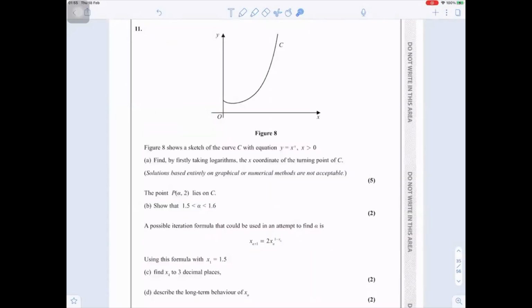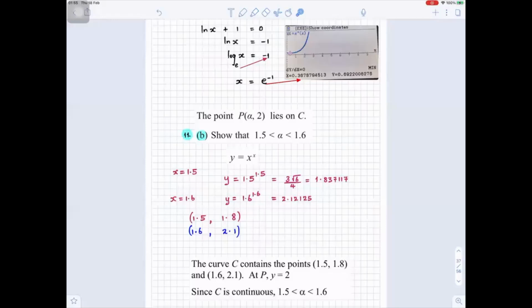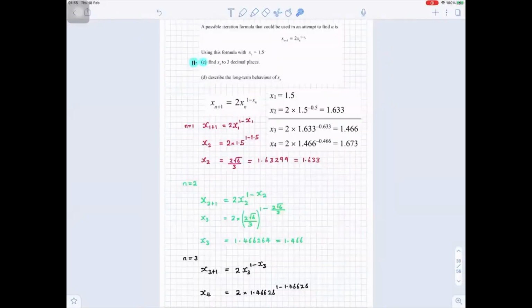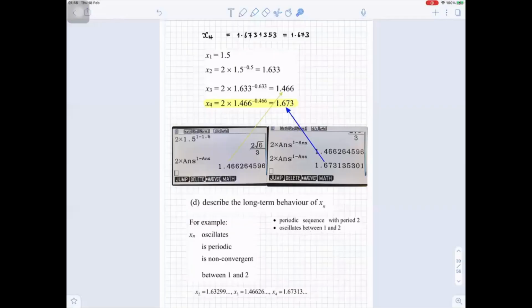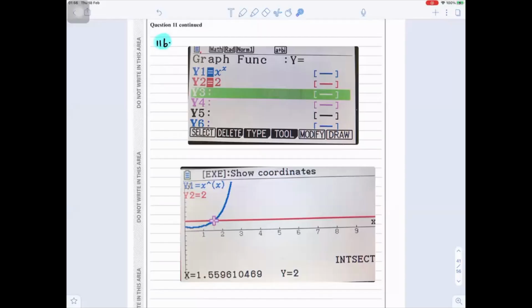So that's question 11: 11a, 11b, 11c, 11d, and the rest of 11d. And this is how to check your answer for question 11b using the calculator.